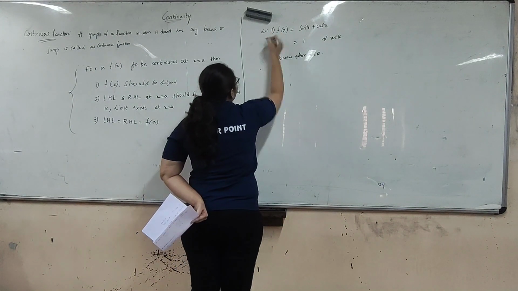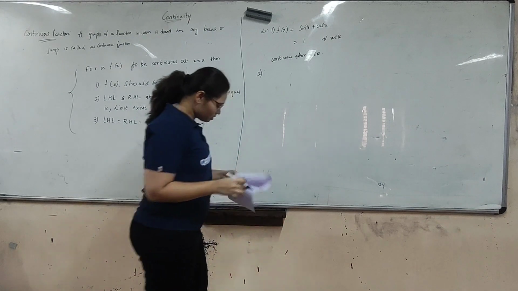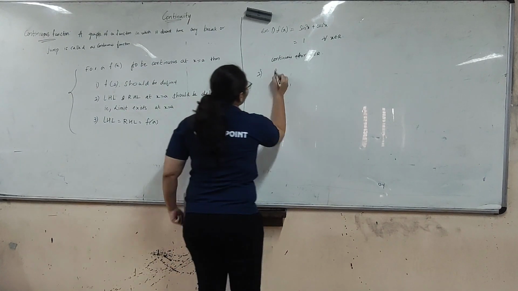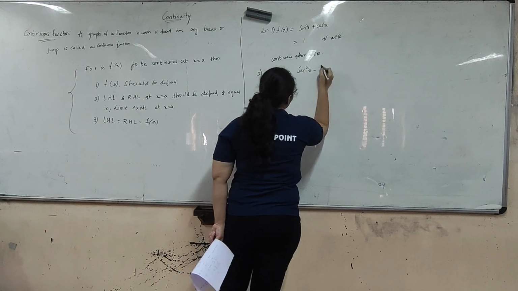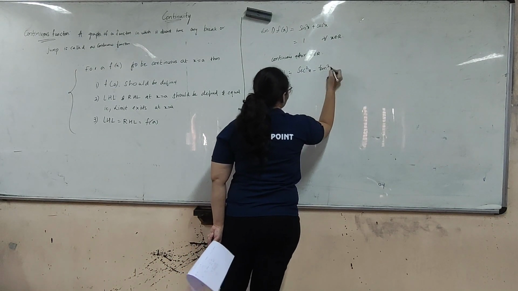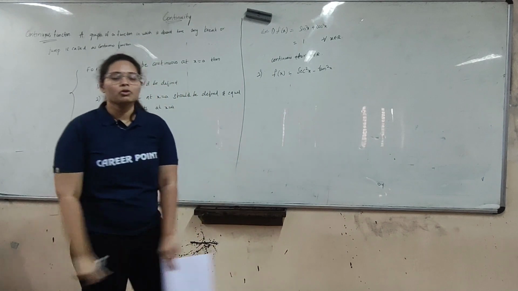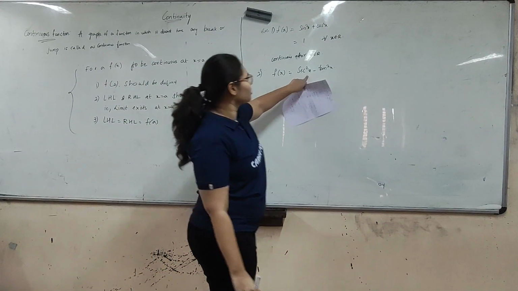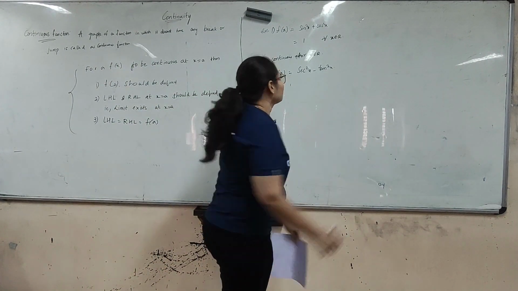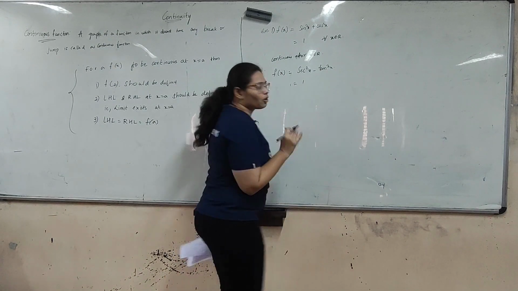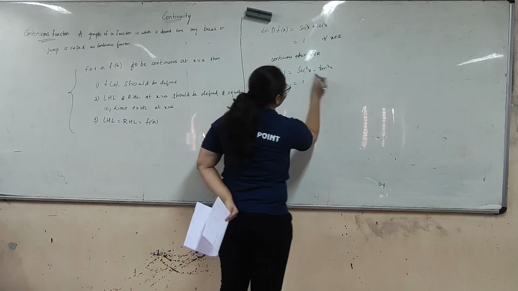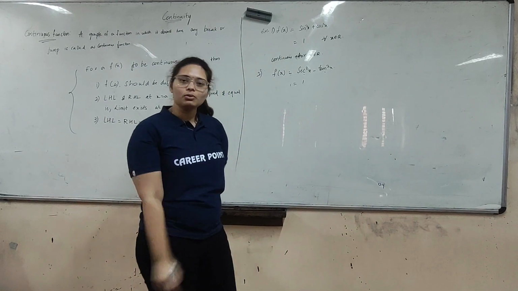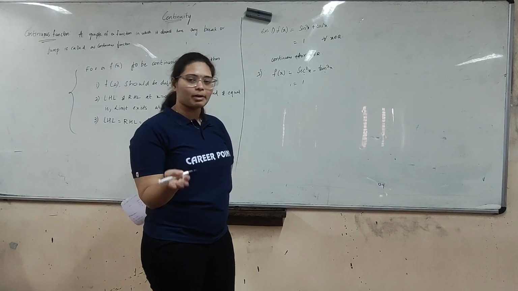Now let's see another example. f of x equals sec square x minus tan square x. Now you will say, ma'am, sec square x minus tan square x is also 1, so therefore it is continuous for all x belonging to R, right? No. See, sec x and tan x are not defined at pi by 2, 3 pi by 2.